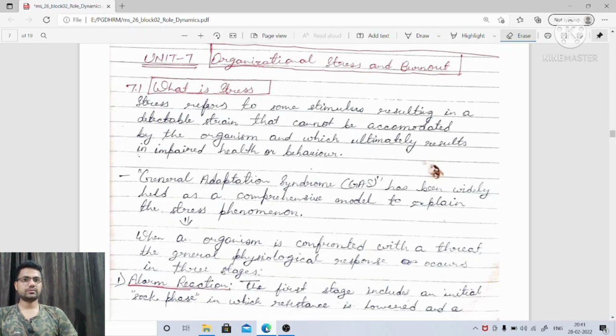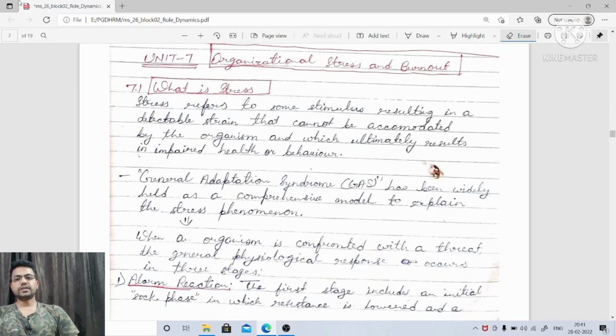Under that MS26 organizational dynamics comes block 2, in which we study role dynamics. And this unit, unit 7, is organizational stress and burnout, as you can see on your screen. So I will explain this chapter.